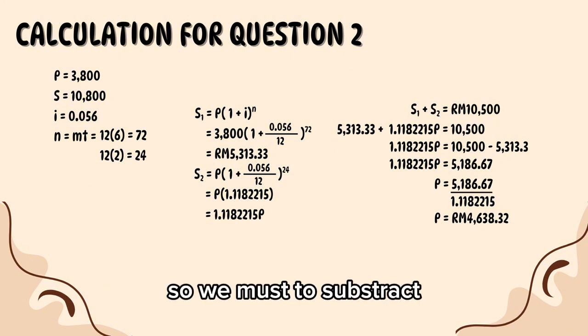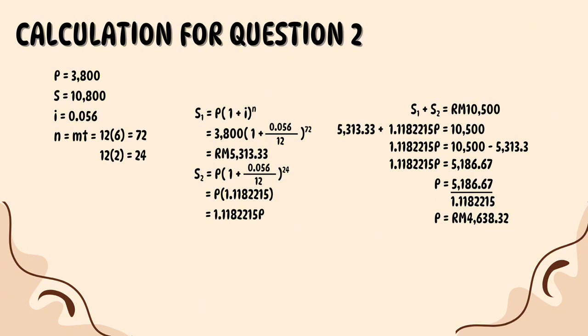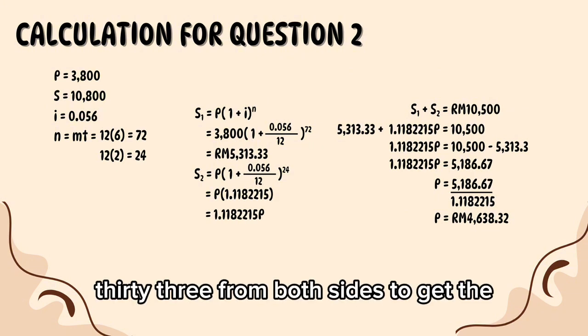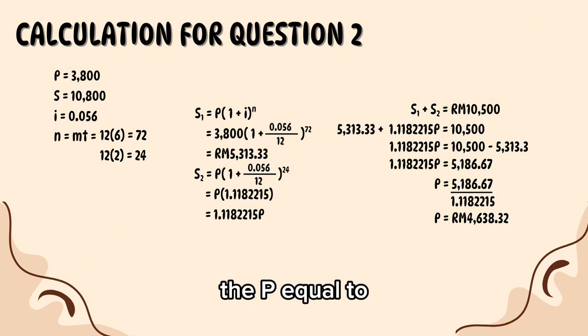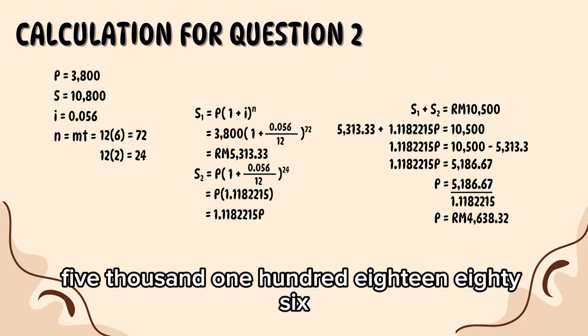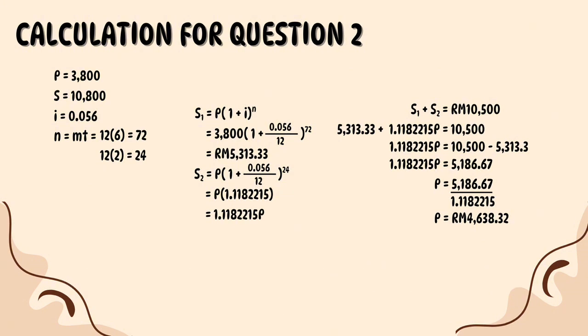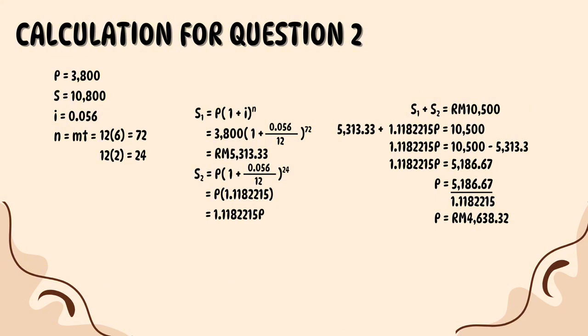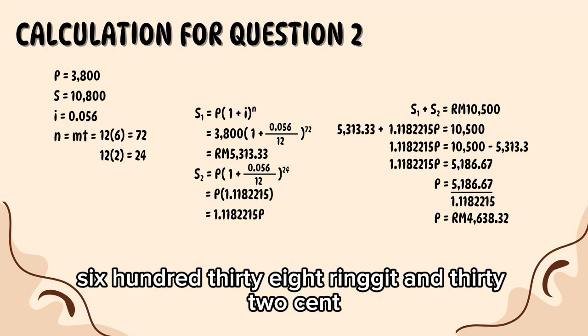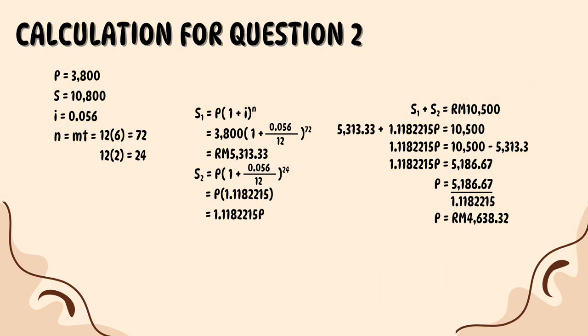So we subtract 5,313.33 from both sides to get 5,186.67. Finally, P equals 5,186.667 divided by 1.1182215. So the total deposit of the last 2 years is 4,638 ringgit and 32 cents. That's all from me. Thank you.